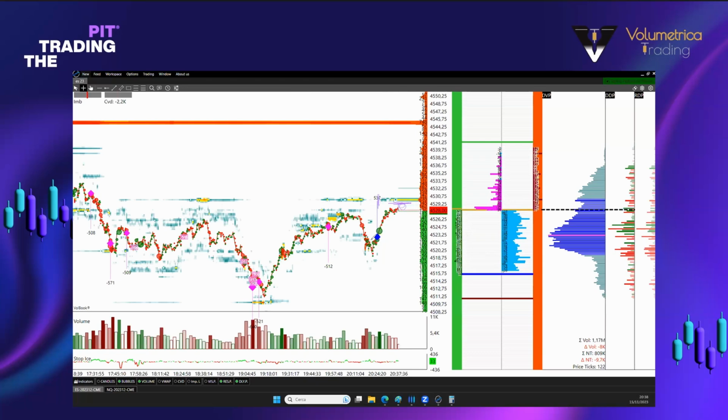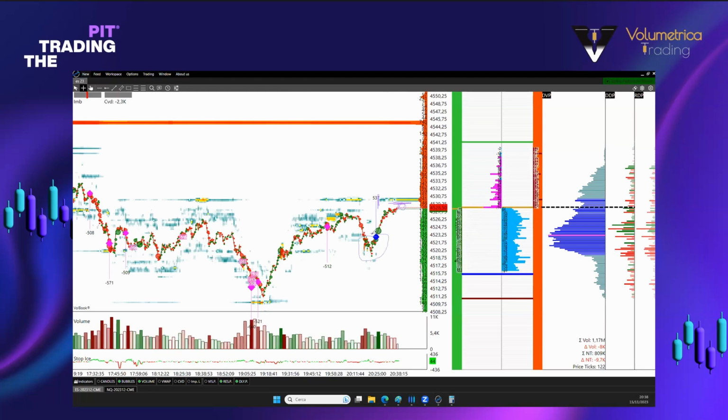If for some reason, let's assume I've decided to enter long somewhere here, this liquidity here tells me that probably that's my first best level of target, either final target or partial target.